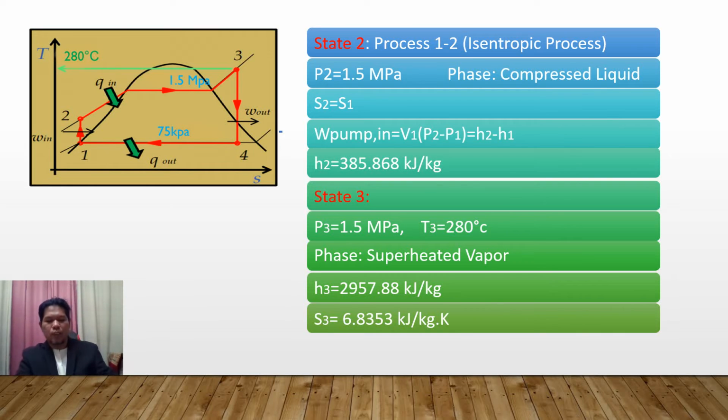From the saturated water table, we get the phase as superheated vapor, and the enthalpy is 2957.88 kilojoule per kilogram, and the entropy for state 3 is 6.8353 kilojoule per kilogram Kelvin.